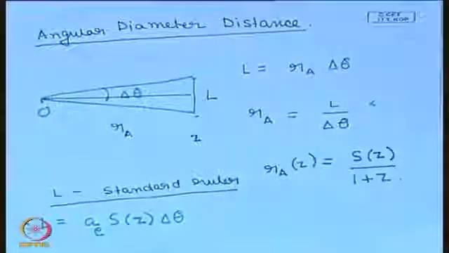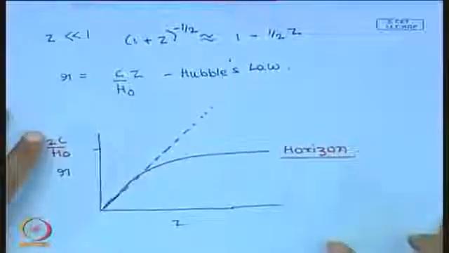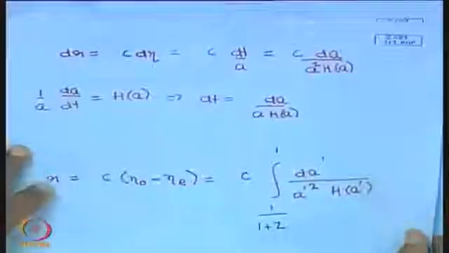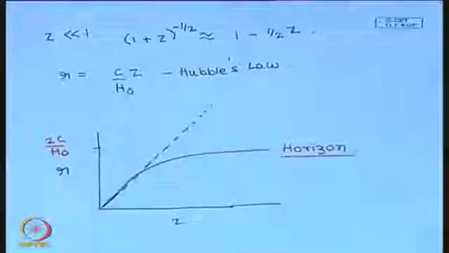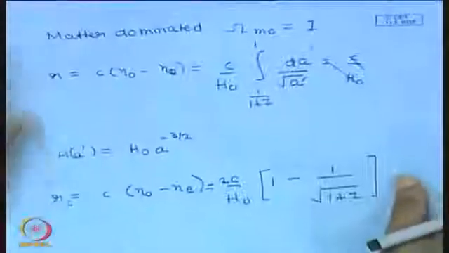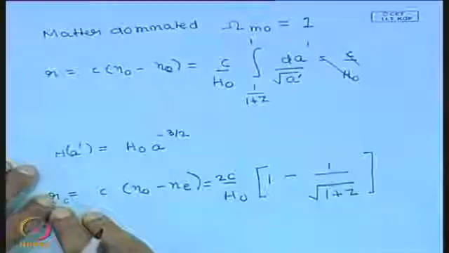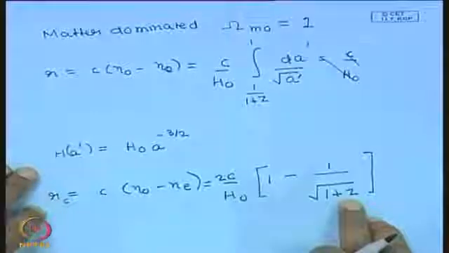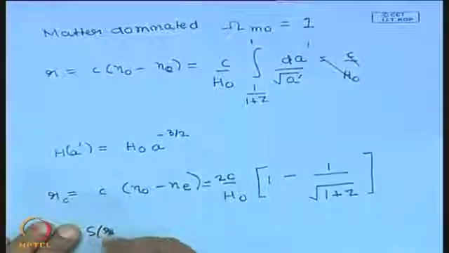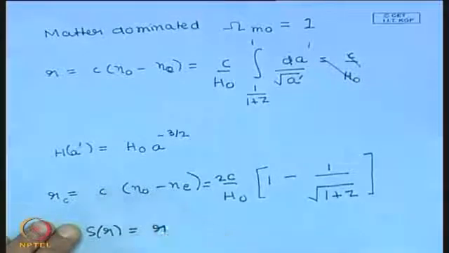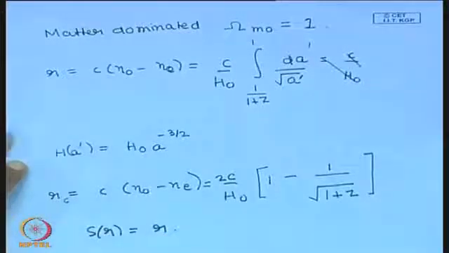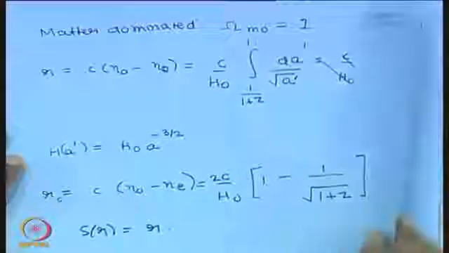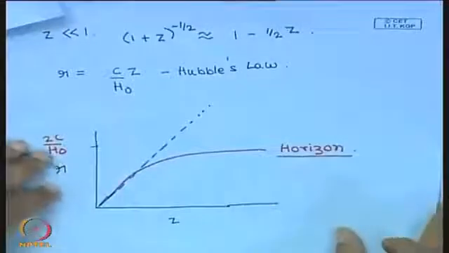Let us now look at the cosmological model that we are discussing. We are discussing a spatially flat cosmological model, and in this model r is related to redshift in this way, and S of r is exactly equal to r. So let us in this model look at the behavior of the angular diameter distance as a function of redshift.